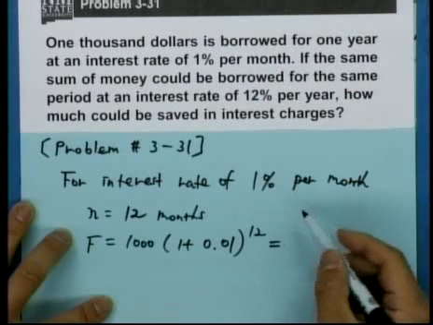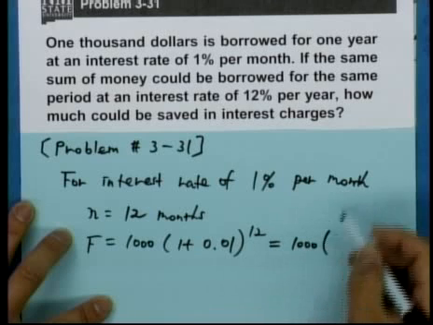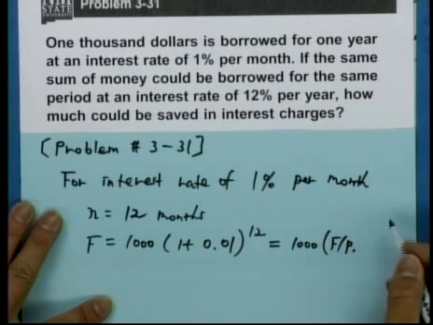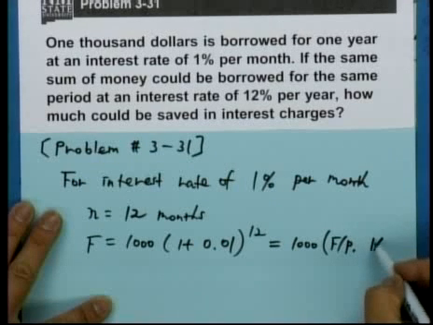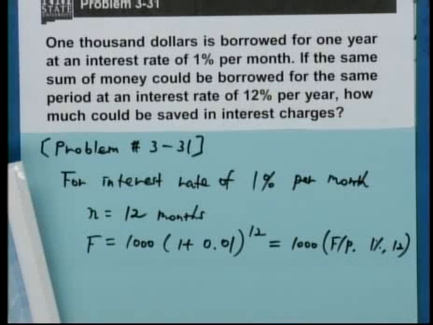This is the same as 1,000 times F given P, 1%, over 12 periods.